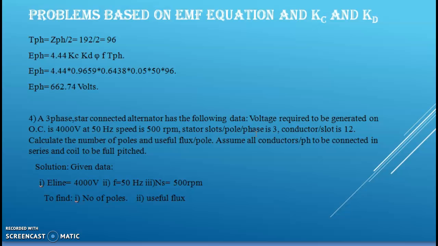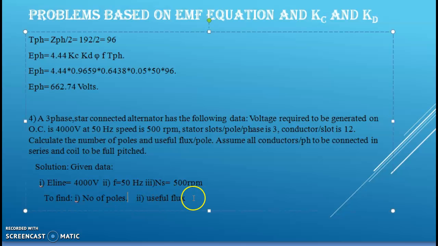Kc is 1, Kd you will find, and from this you can find the value of EPH also. The number of poles you will get from the Ns formula, Ns equal to 120 F by P. We have F and Ns, so we get P. The number of poles will be easy to find.